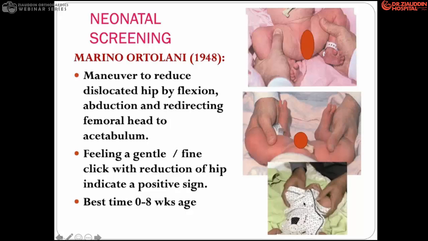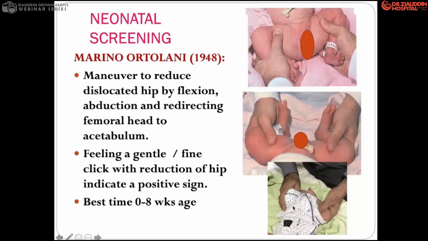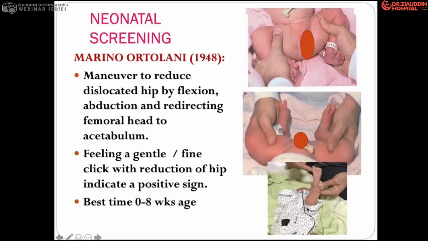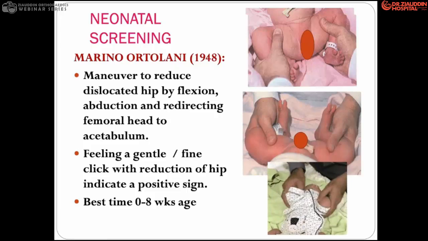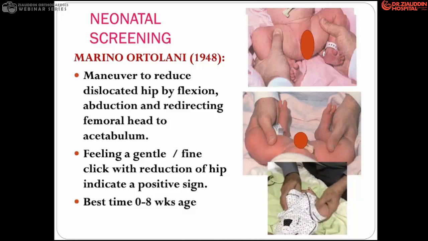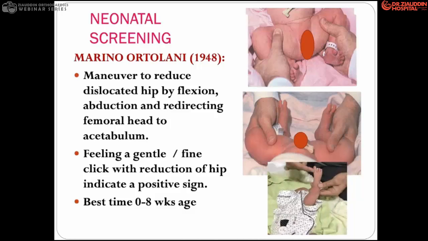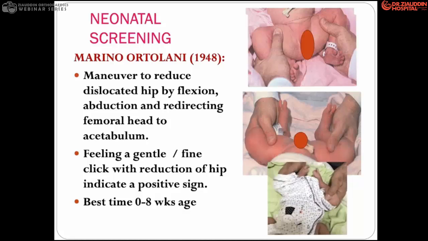How to reduce? It is not only abduction, but your fingers must also aid the dislocated hip to reduce it, and you feel a gentle click, not a loud one, just a fine click, and you can hear it. It is positive only up to 8 weeks. The best time is 8 weeks, but it is available usually up to 7 months of age.